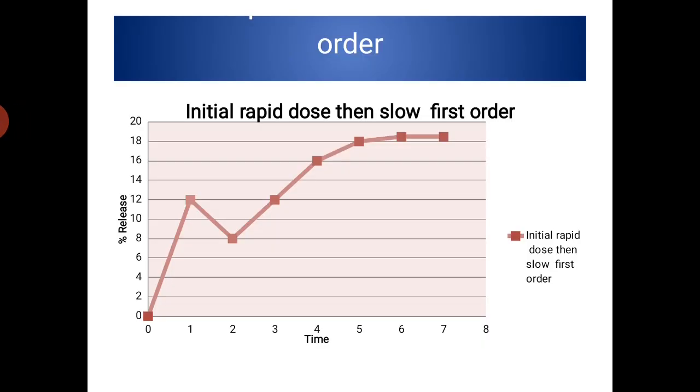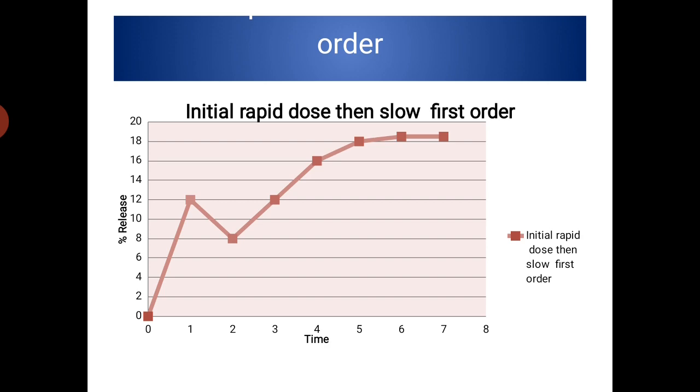The last release pattern is an initial rapid dose, then slow first order. We found that first order release is again inferior to zero order release. Again, for any drug molecule with a higher half-life, this method makes it possible to attain steady state concentration easily. Why? Administer a burst release, an immediate release of the delivery system, followed by a first order release pattern.